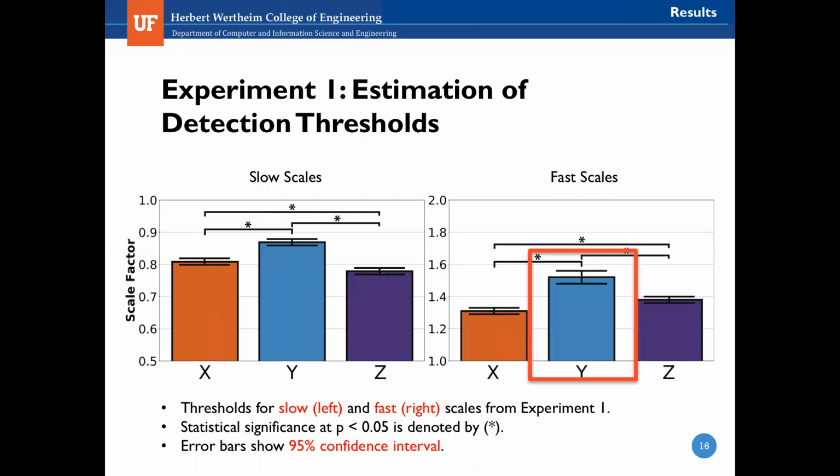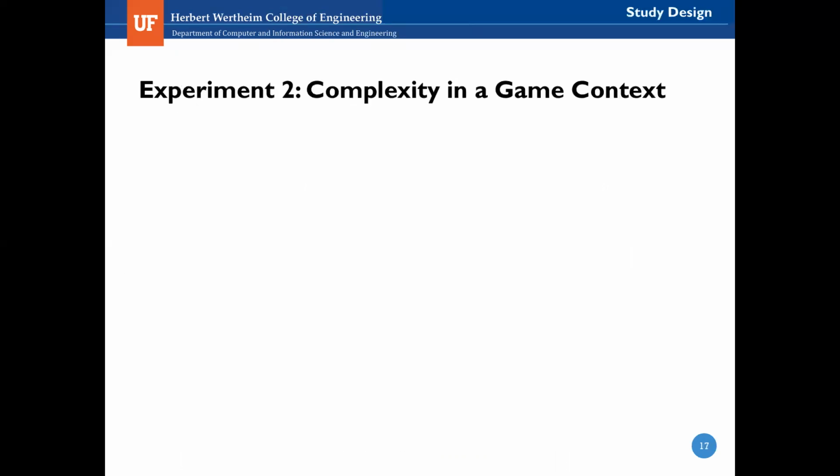For the fastest scale values, we have the highest detection thresholds for Y, and the lowest detection thresholds for X, which I'm going to talk about more in the discussion.